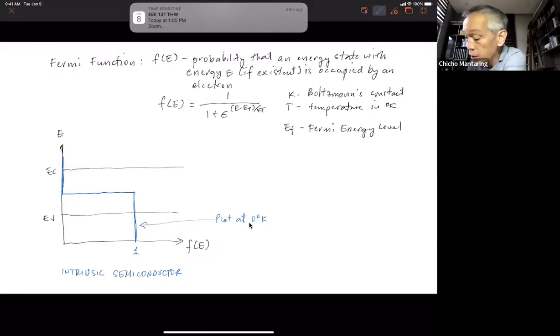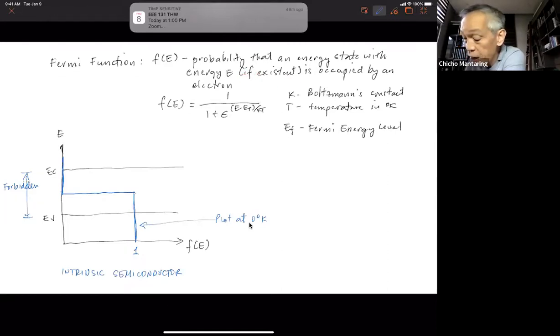Now remember that this is your forbidden band. So from here to here, this is your forbidden band. There are no actual energy states between here and here. So that's what "if existent" means.